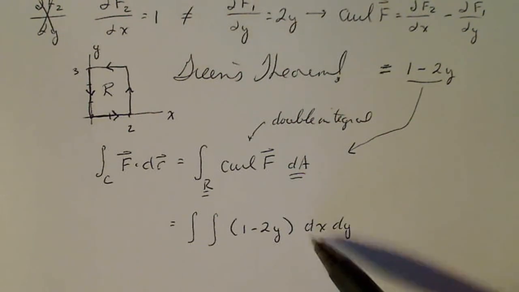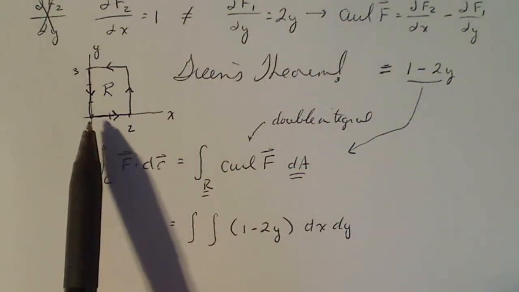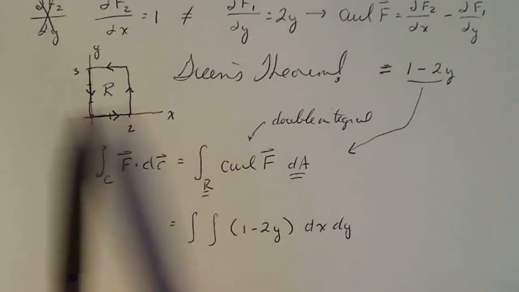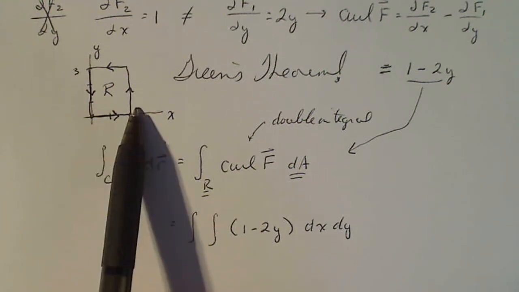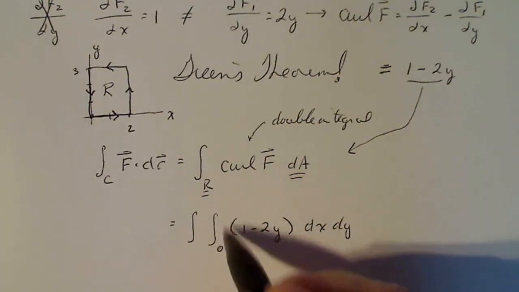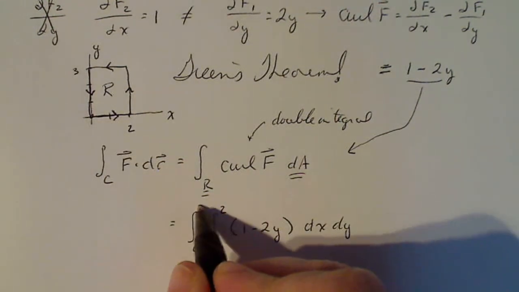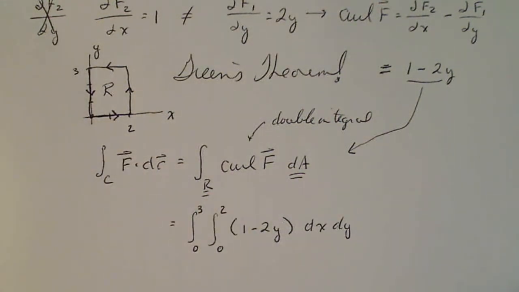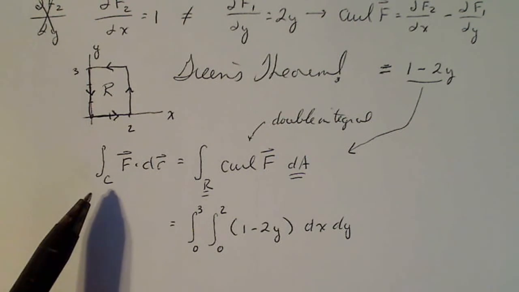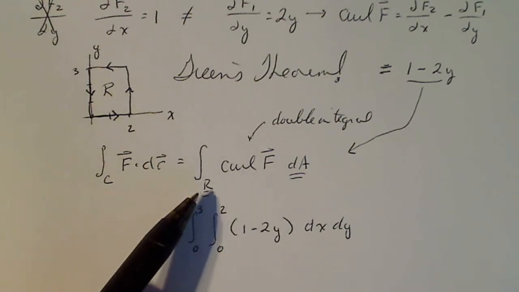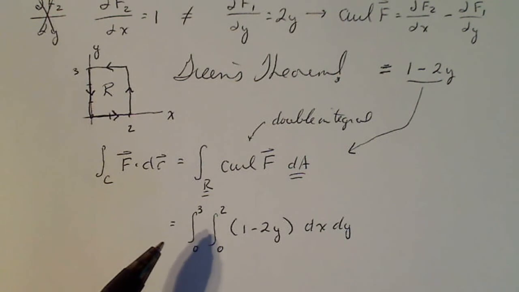So as I move in the x direction, I hit x equals 0 and x equals 2, and then I restrict them with y going from 0 to 3 in order to create my region R in the plane. Notice C bounds R to make my double integral.